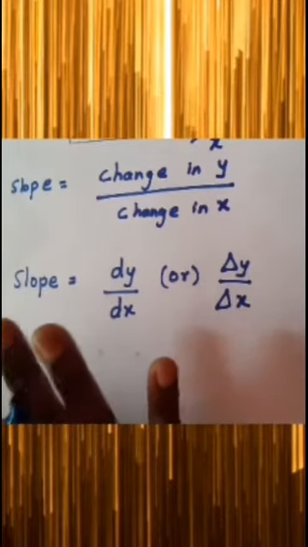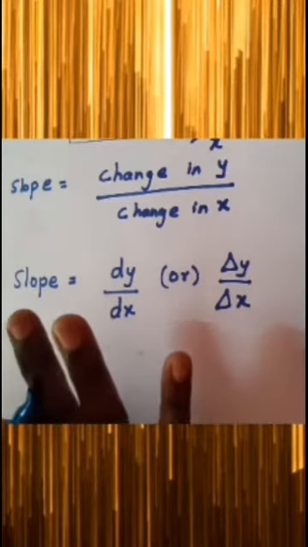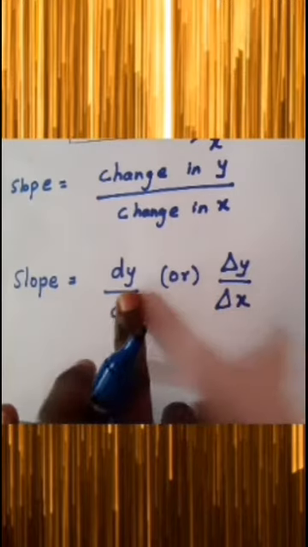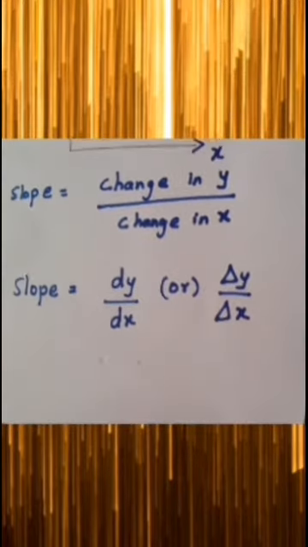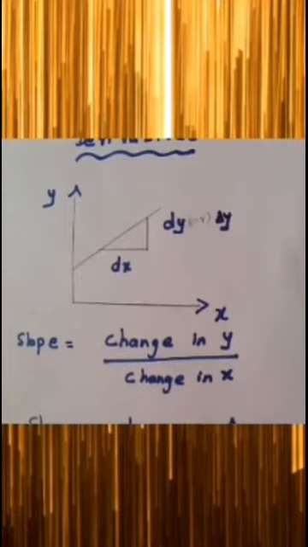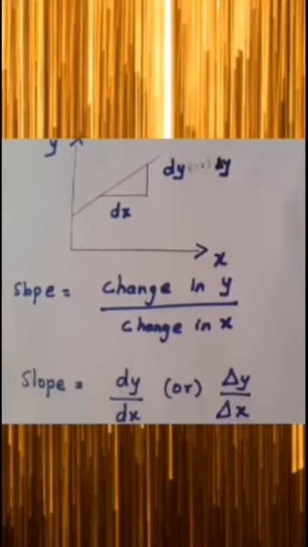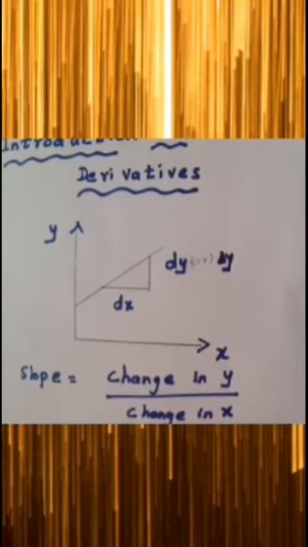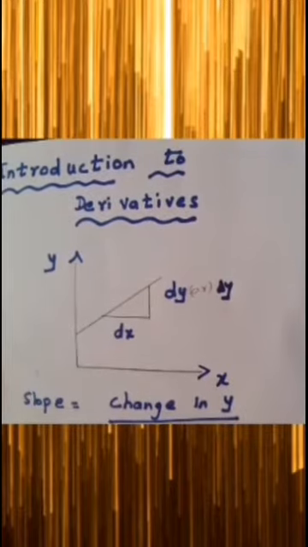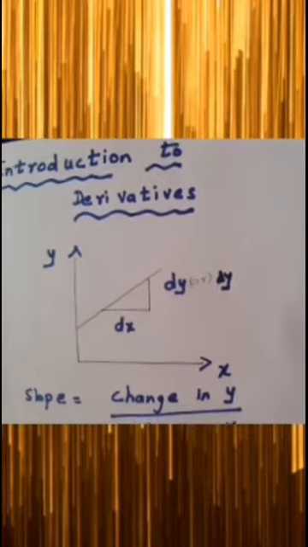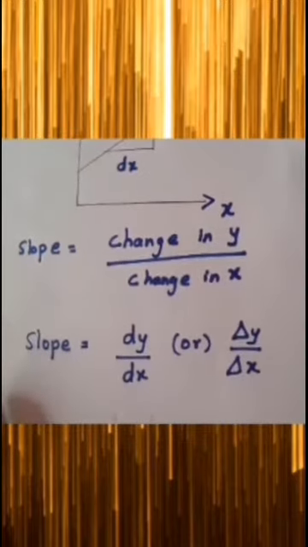To find the slope, the formula is delta y by delta x, or dy by dx. You would have studied this in your lower class. You can just take a note.